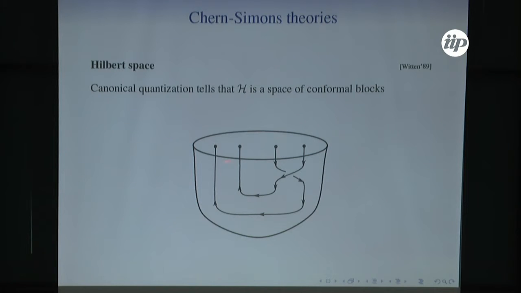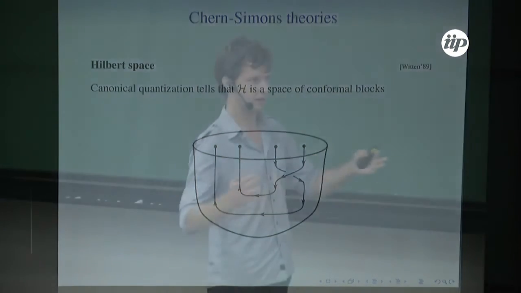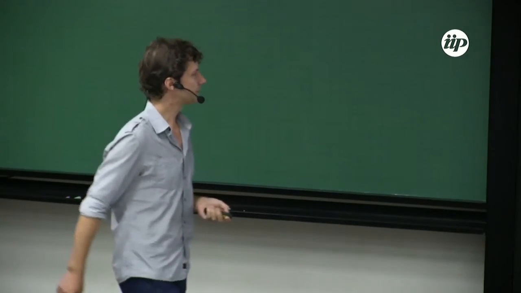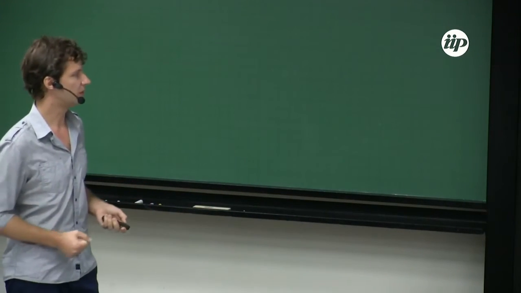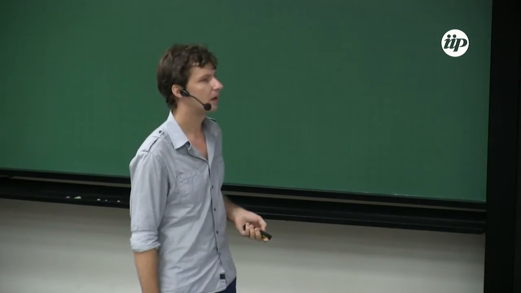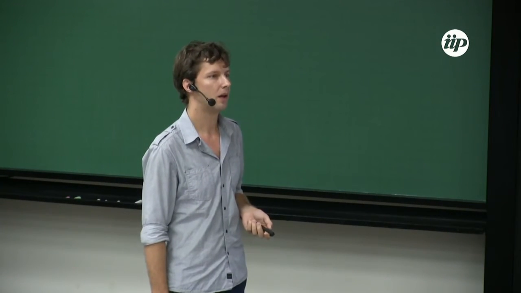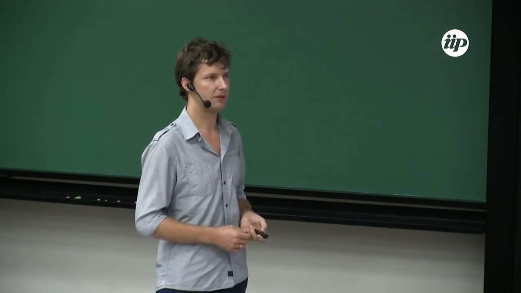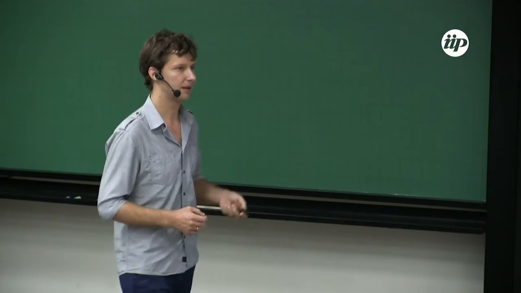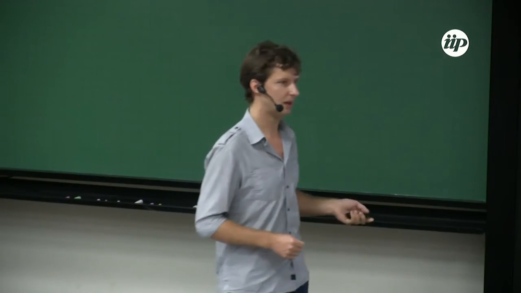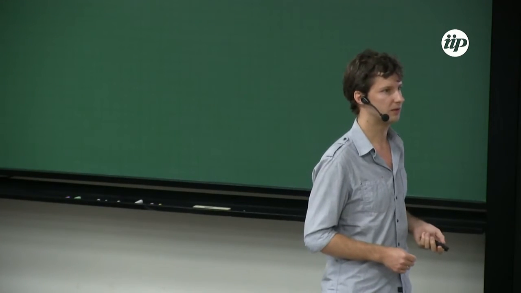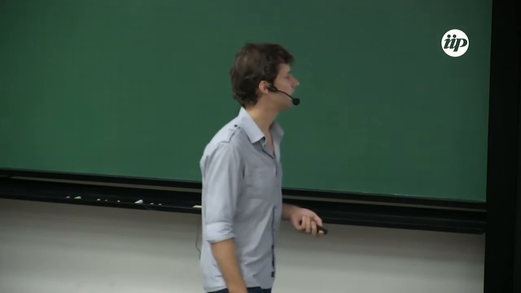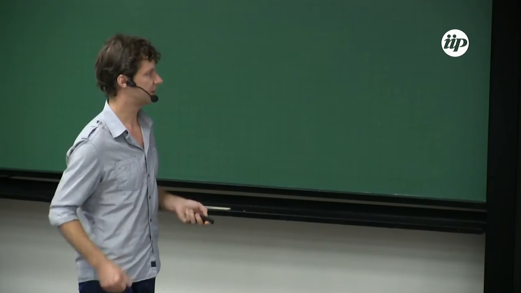Or if you braid the points on the boundary, if you interchange the positions of the points, you just change the state in this Hilbert space, where conformal blocks form a basis. If we're talking about SU(N) Chern-Simons theory, these are the conformal blocks of SU(N) minimal models. But there will be some generalization later.